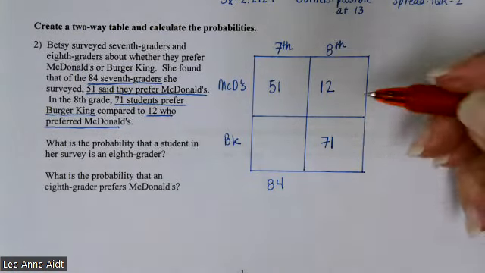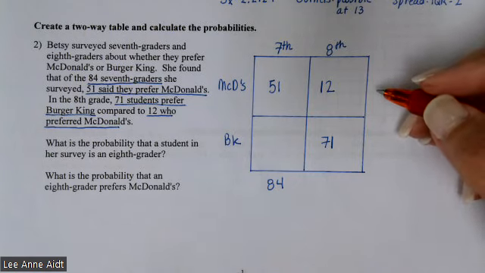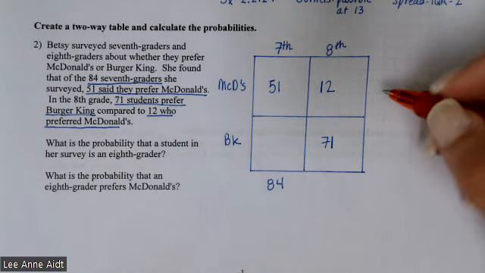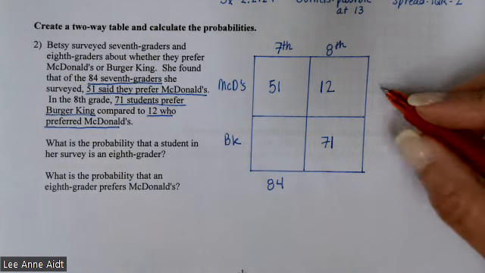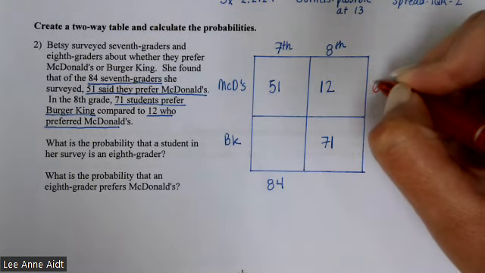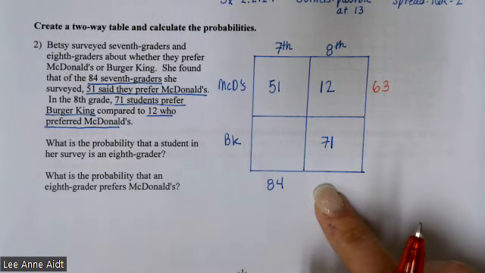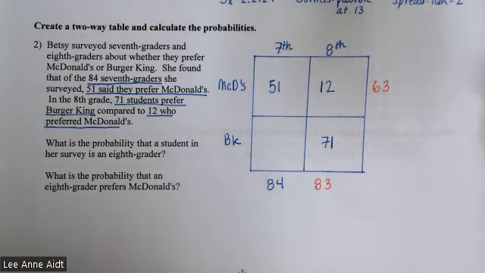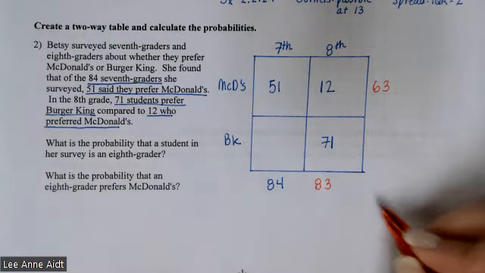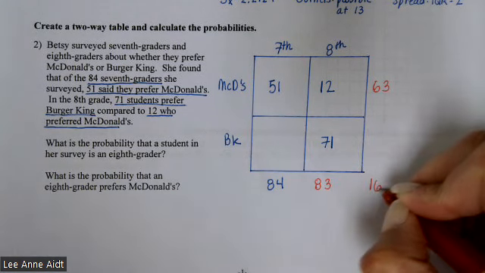Okay, this is what the problem gave us, the things to plug in. Now we need to know how a two-way table works to get the rest of the answers, which I'm going to put in red because I want those to show as answers I had to calculate. How many total students prefer McDonald's? 63. Do you all see where I got that 63 from? Okay. How many total 8th graders are there? How many total students were surveyed? 167.